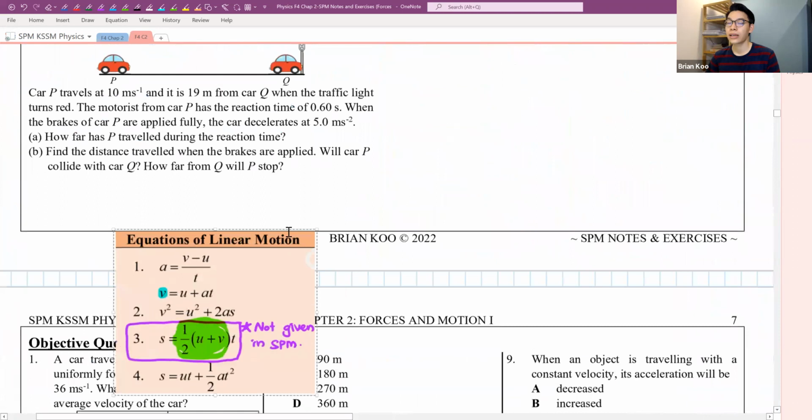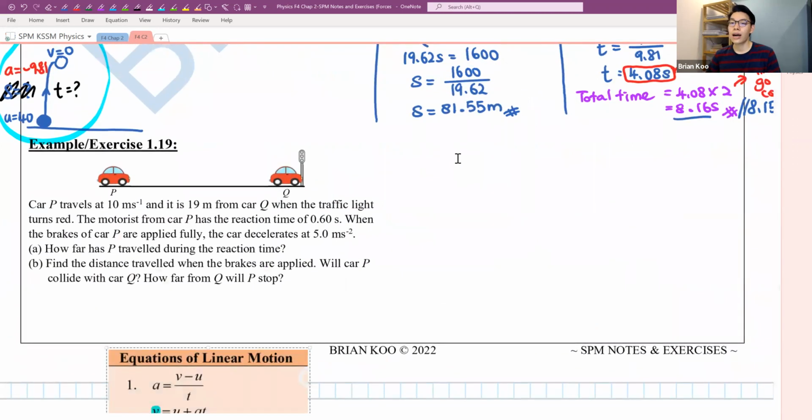Okay, last one, 1.19. Car P travels 10 meters per second and it is 19 meters from car Q. From here to here, they are 19 meters apart.